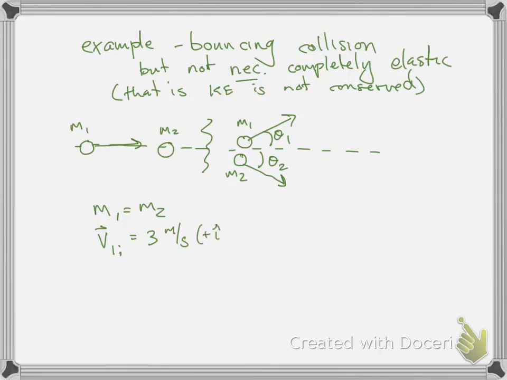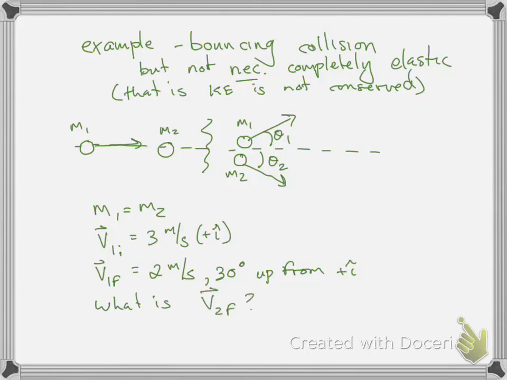And the final velocity of ball 1, V1 final, has a magnitude of 2 meters per second, is 30 degrees up from the plus x direction. And so the question is what is the velocity of ball 2? What is V2 final? In other words, what's its speed and angle? Okay, just put those in the picture just to make sure you understand.